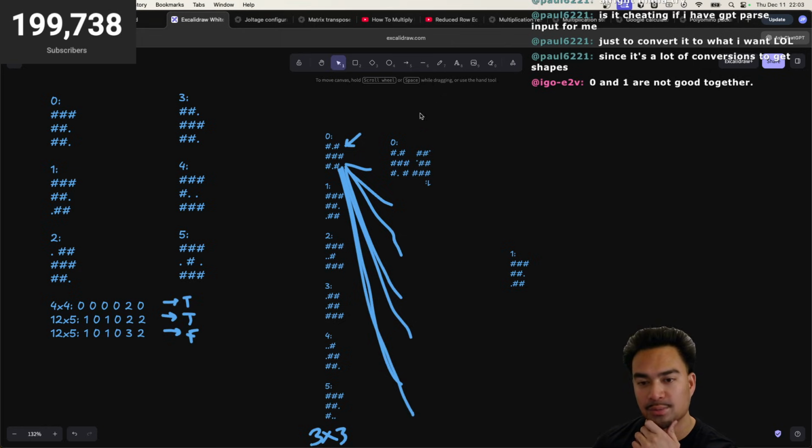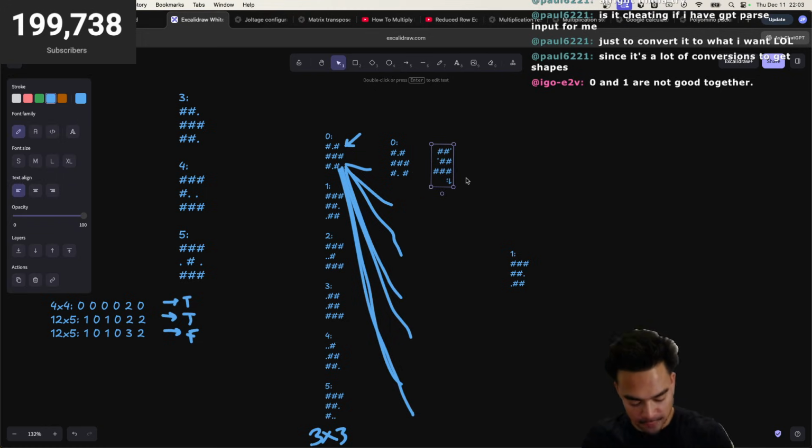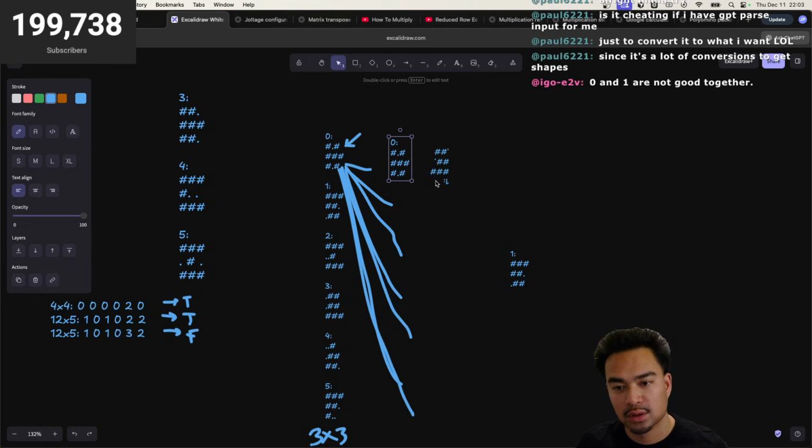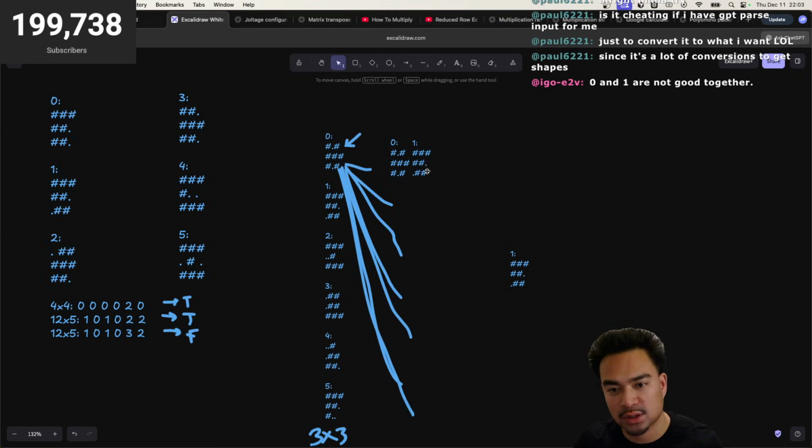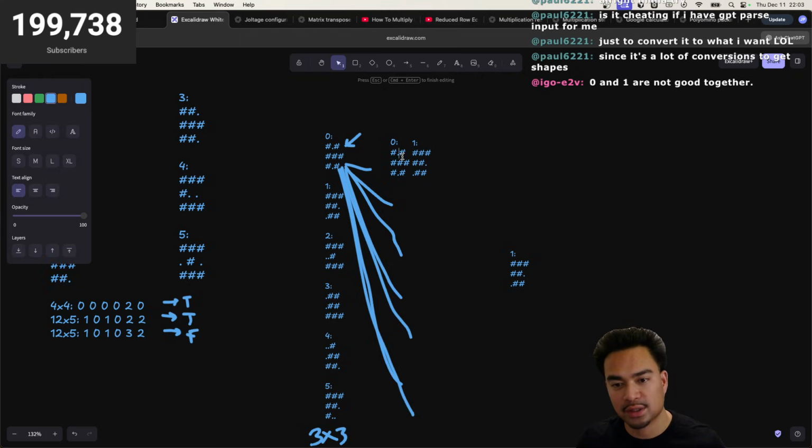maybe you can just pre-compute. So what's the smallest that you can add zero? If I had a 0 and 1, what's the smallest area I can make it fit in? Probably just side by side like this.